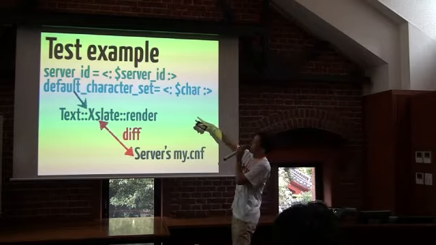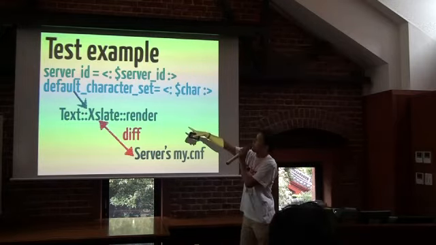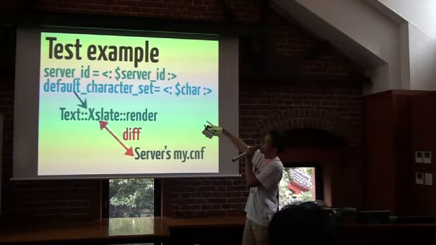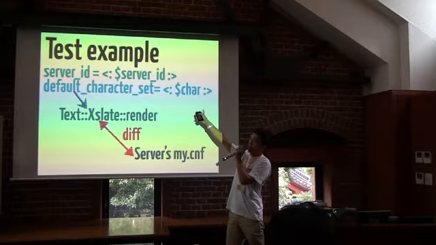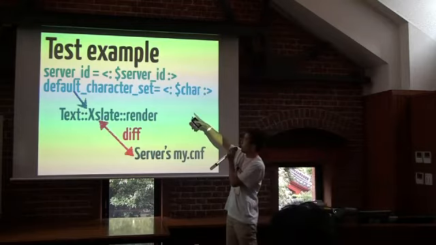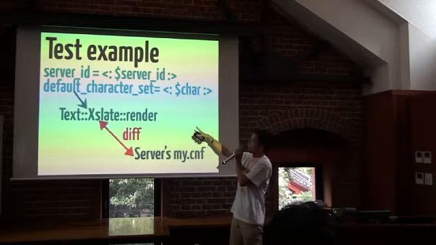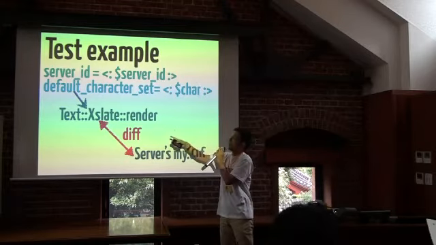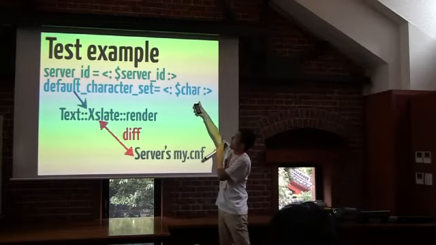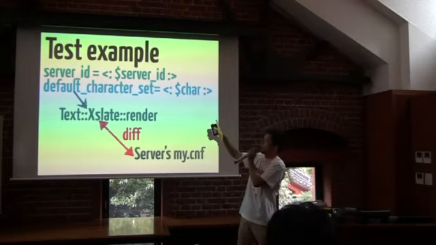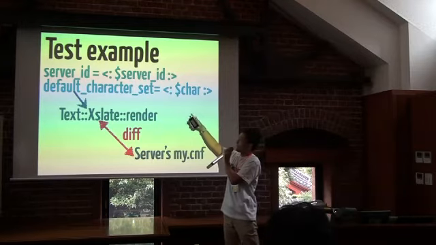Okay, and test. So test is like this. If you write the template of my.conf, in text extract syntax, then Torio uses extract to render using some attributes like server ID or characters. Then it renders the correct my.conf.